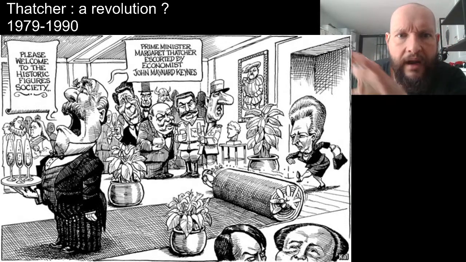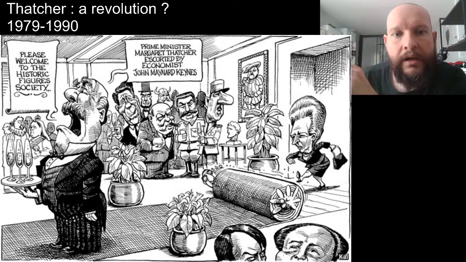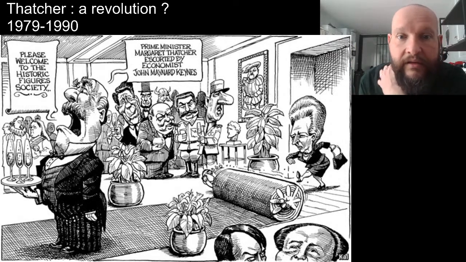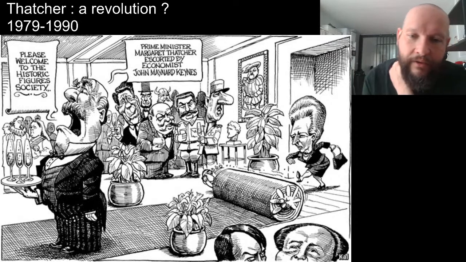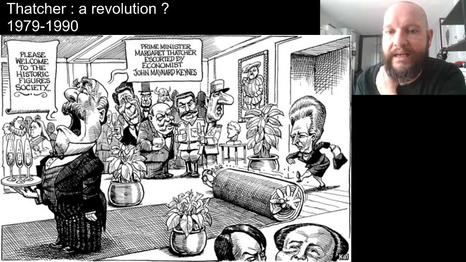Then you've got a bunch of very famous people. You've got Ronald Reagan. You've got Winston Churchill and his cigar. By his side, you can see Stalin. You can see General de Gaulle and his nose. Okay, and in the foreground, partly hidden, you can certainly recognize and identify Mao Zedong and Adolf Hitler.